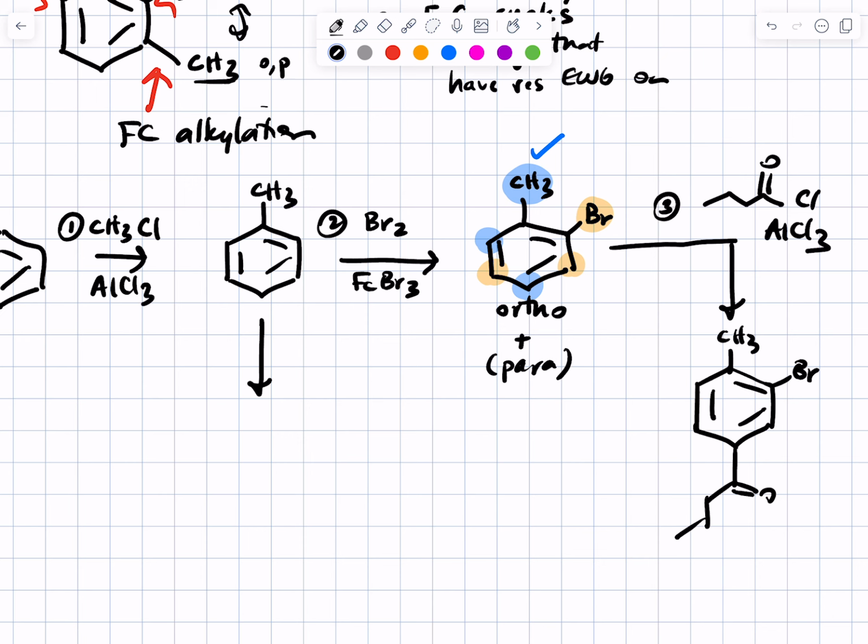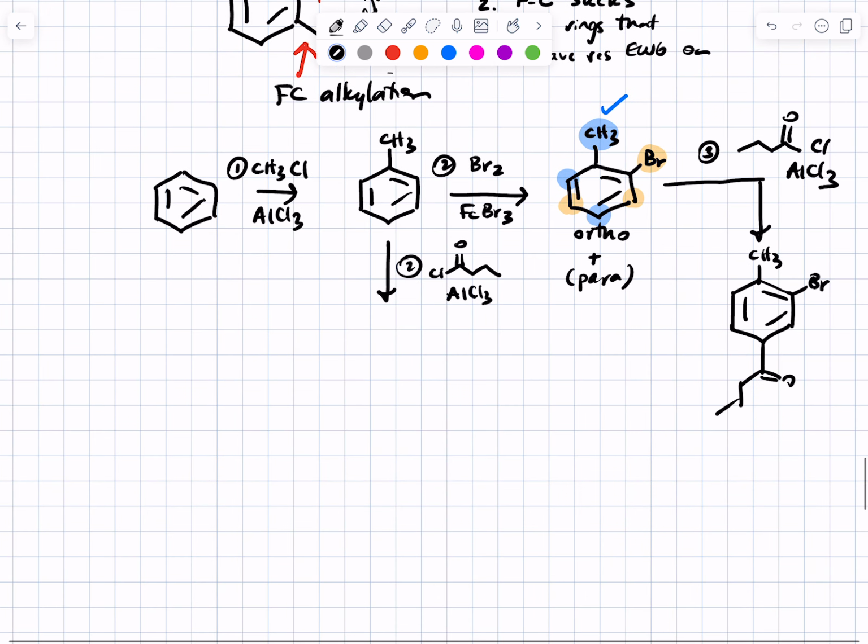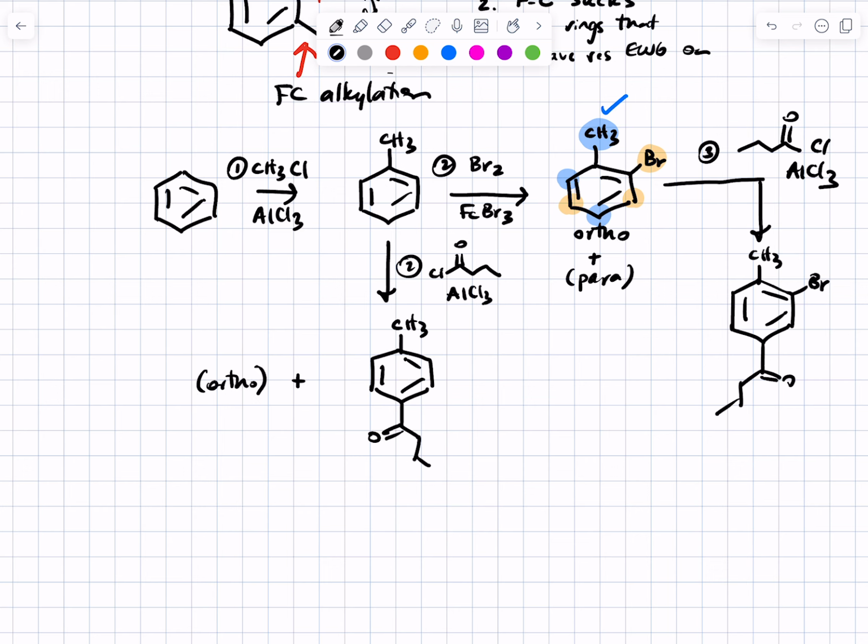What if instead we did the Friedel-Crafts acylation first? Presumably that would go on the ortho and the para carbons. The one that we want is the para one, so we'll separate them. I'm going to write over here that we would also get the ortho. Then the third reaction is bromination.